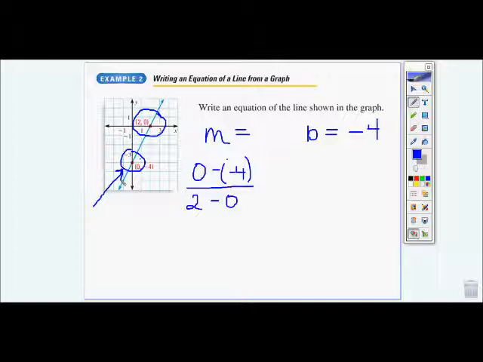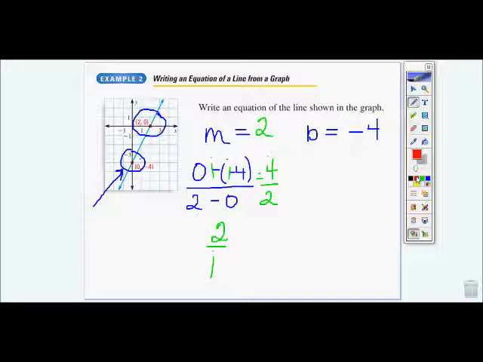Just watch your integer signs and you'll come up with the same value. So 0 minus negative 4 would be 0 plus 4, and 2 minus 0 would be 2, and that is a slope that we can simplify. It would be the same as 2 over 1. So m equals 2.